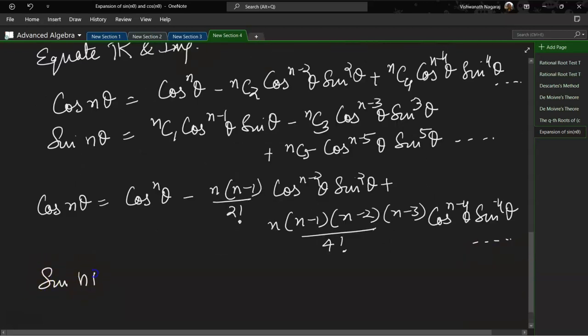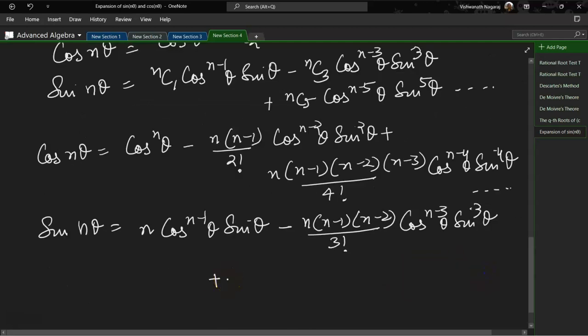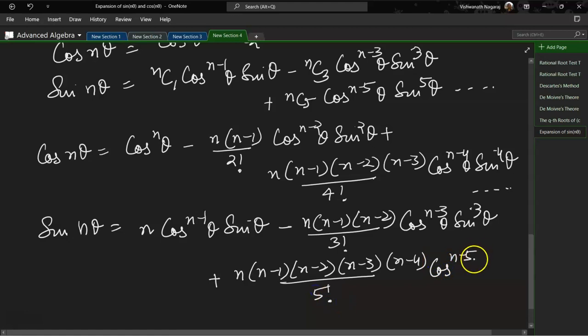Similarly, sin nθ will be equal to n cos^(n-1) θ sin θ minus, now nC3 is what? n times (n minus 1)(n minus 2) by 3 factorial times cos^(n-3) θ sin^3 θ, plus, if we want, we can include the next term as well: n(n-1)(n-2)(n-3)(n-4) by 5 factorial, cos^(n-5) θ sin^5 θ, and so on.